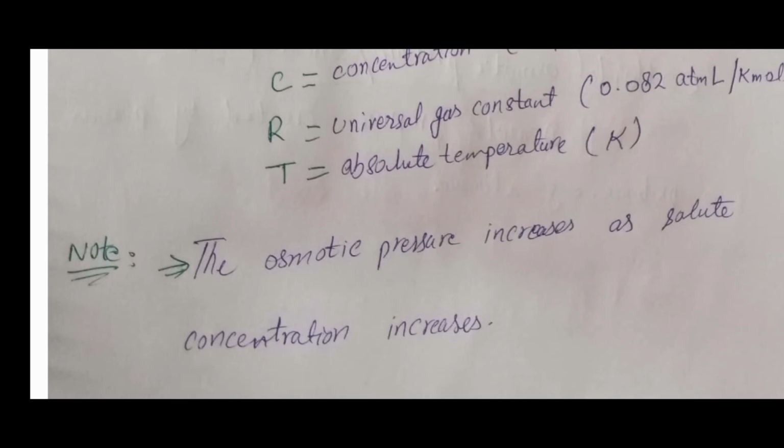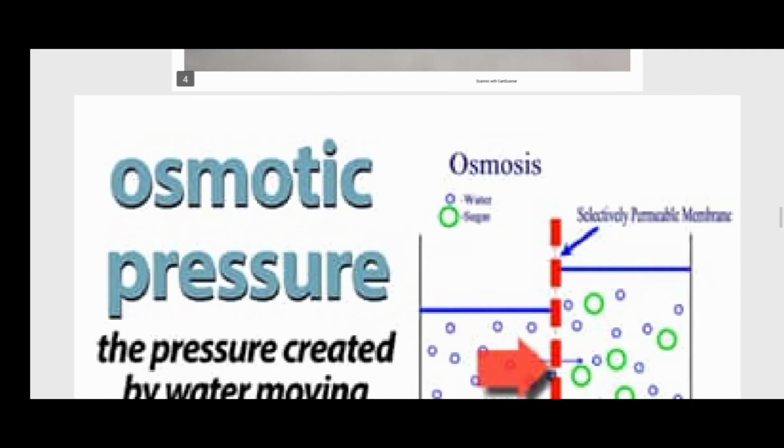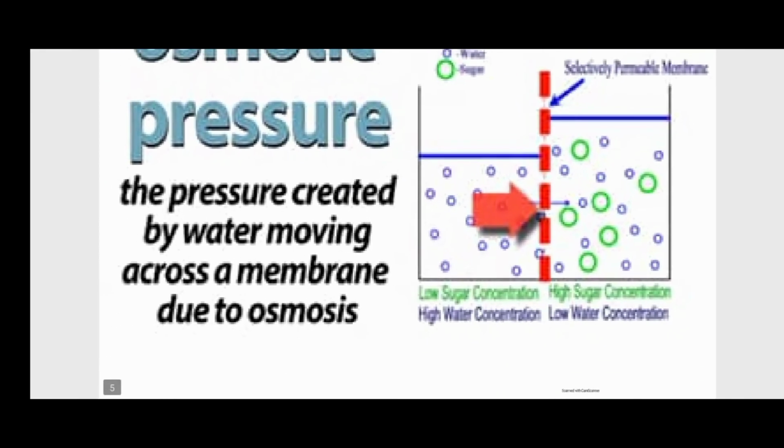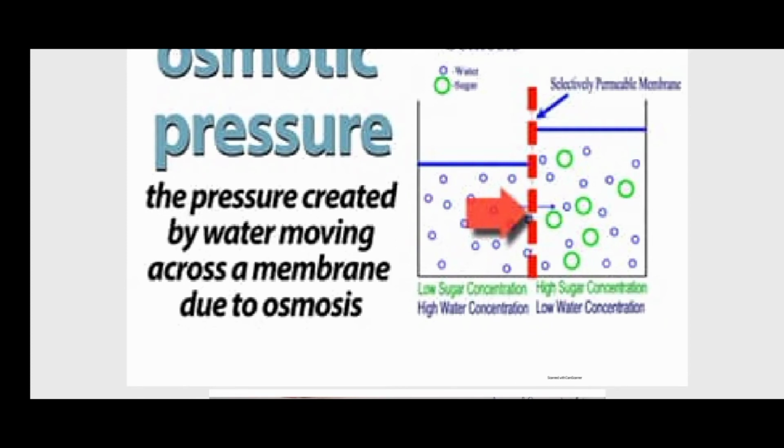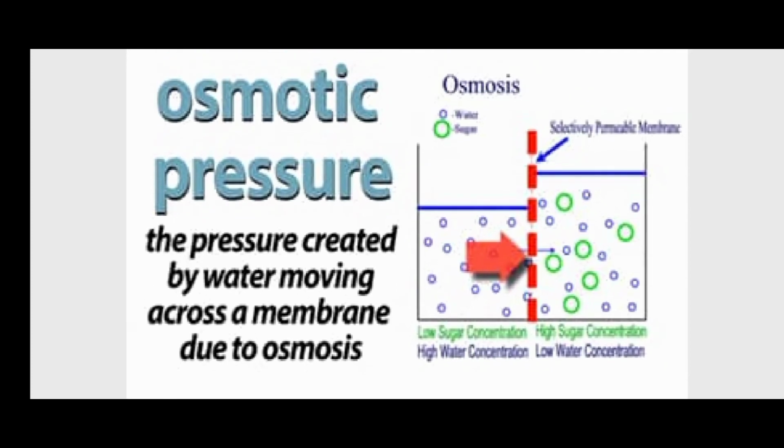We have to know that osmotic pressure increases as the concentration of solute particles increases, because it is created by the solute particles. If there are more solute particles, then osmotic pressure will increase. If there are fewer solute particles, then osmotic pressure will decrease. Let's see osmotic pressure. This is the solution on the right and the other is on the left.